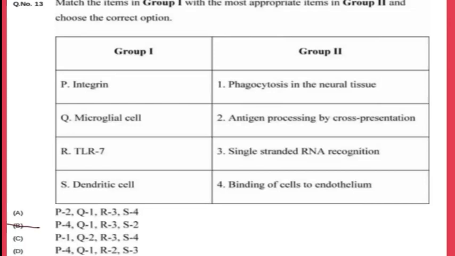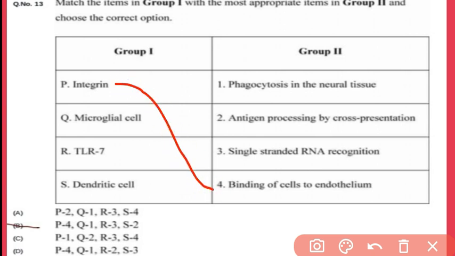Ligands for integrins include fibronectin, collagen, and laminin. Integrins bind a cell to the endothelium. So the integrin matches with option 4.